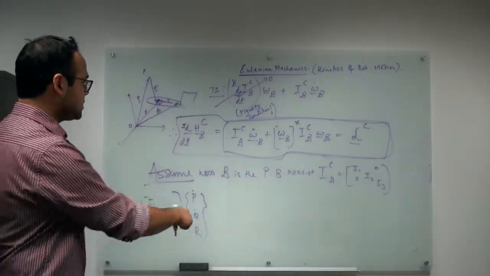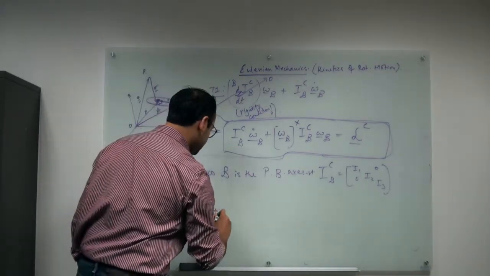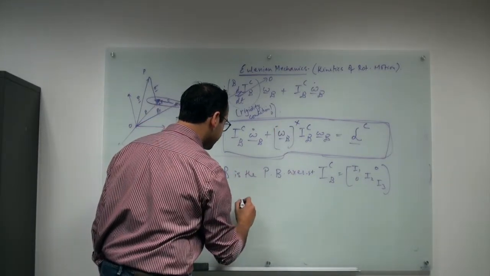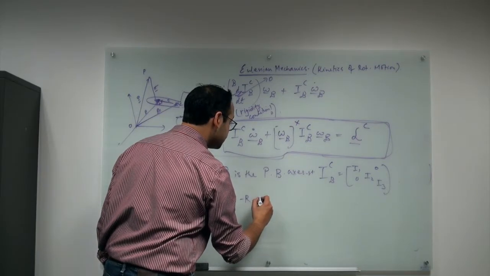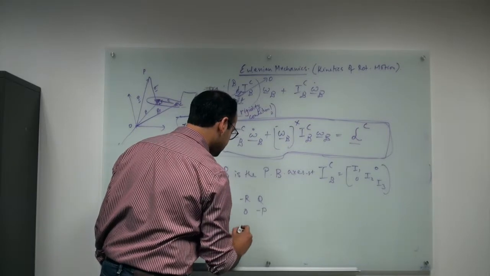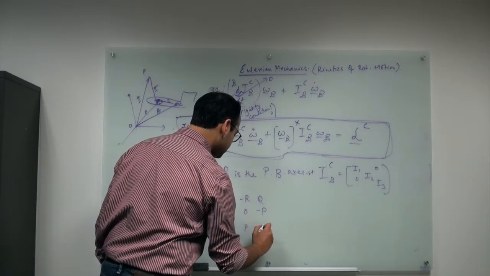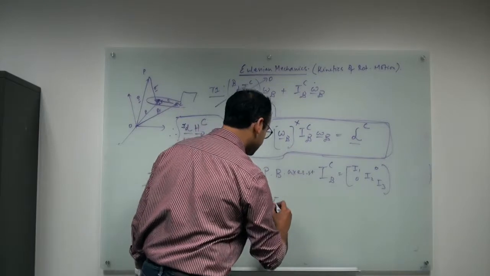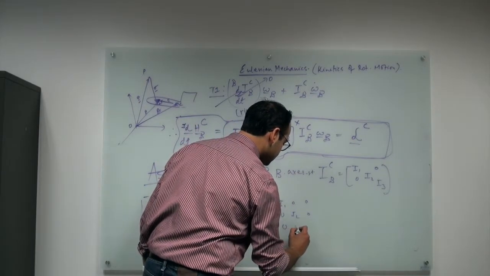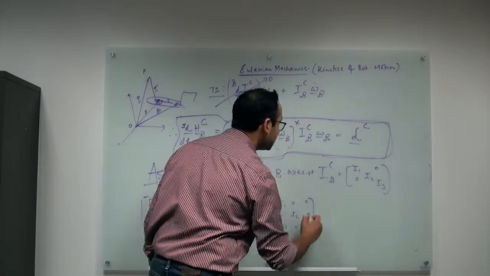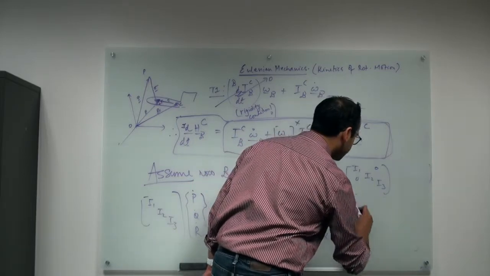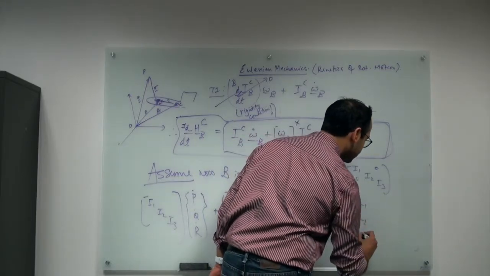Right? So this is P dot, Q dot, R dot. And then this is your skew symmetric matrix, so 0, minus R, Q, R, 0, minus P, minus Q, P, 0, and then I1, and then that finally is equal to, let's call this L1, L2, L3.